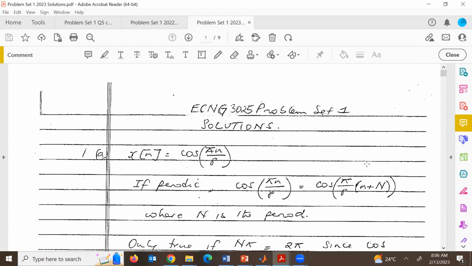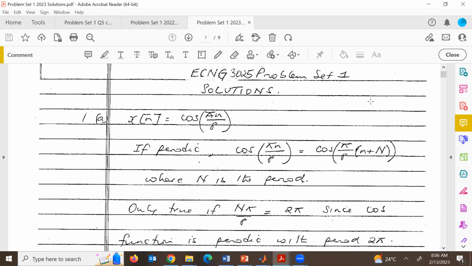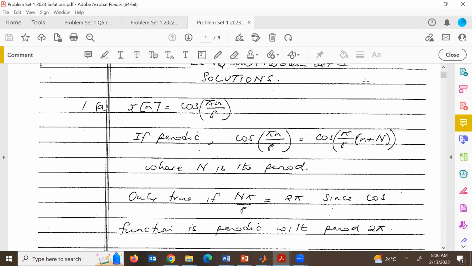So in the case of the first question, cosine 0.125 pi n, which is pi n over 8, if I can find a whole number, an integer, where the original signal, and if I go n samples down the road, the values are the same, then that will be the period of the signal.